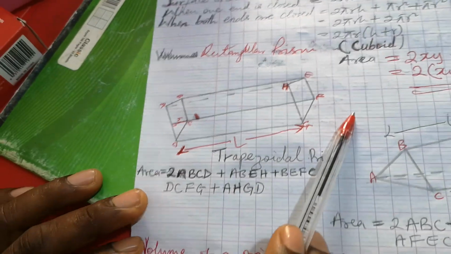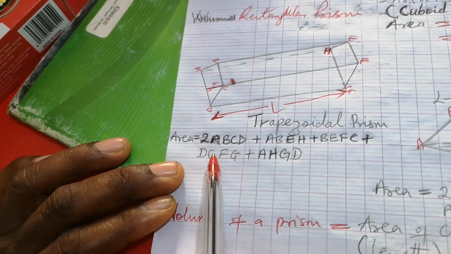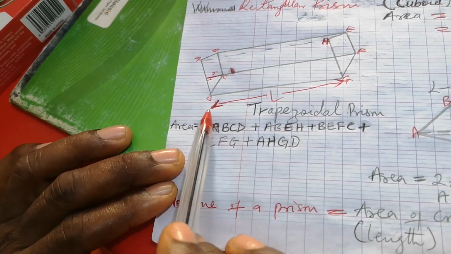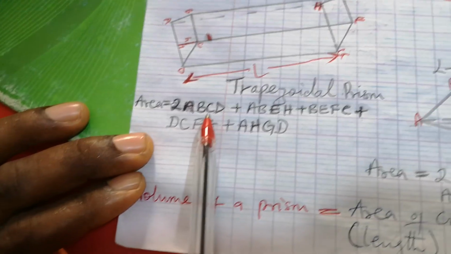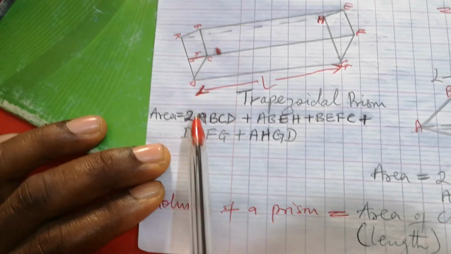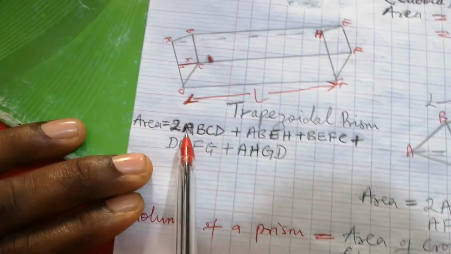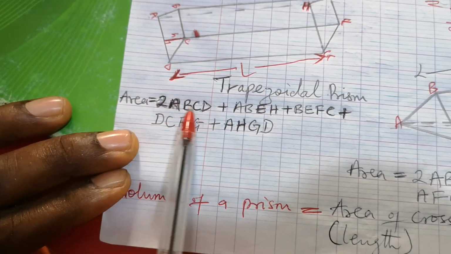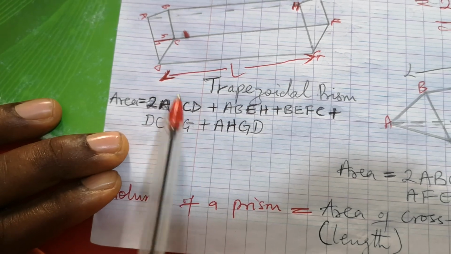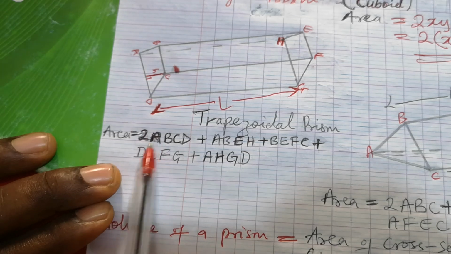So the area is going to be the area of the shape of the side ABCD. This side is not a rectangle, it's a trapezium. So the area of trapezium ABCD, which is here.